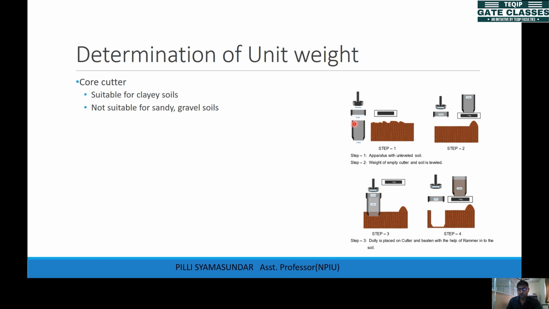So this is the ground where you want to find out the unit weight. Before you do anything, you make the surface of the ground plane, so you scratch some soil and make it a plane, and then you find out the empty weight of the core cutter. Let's say that weight of the core cutter is W1.